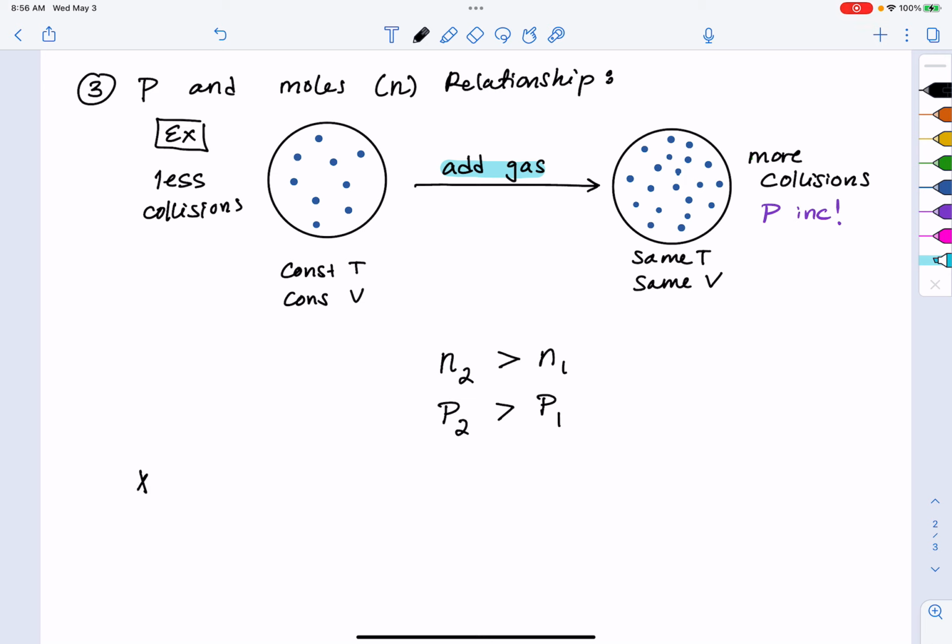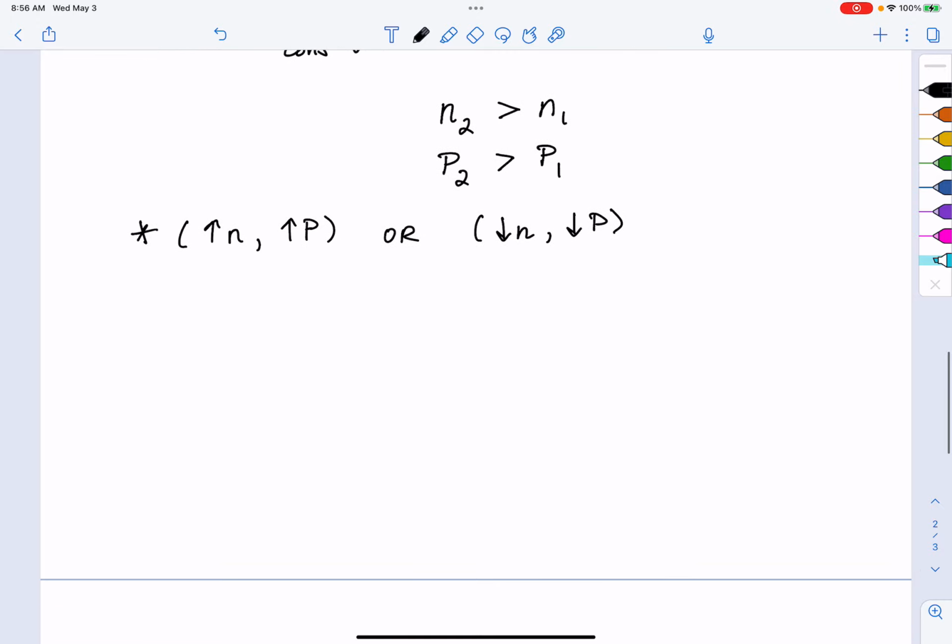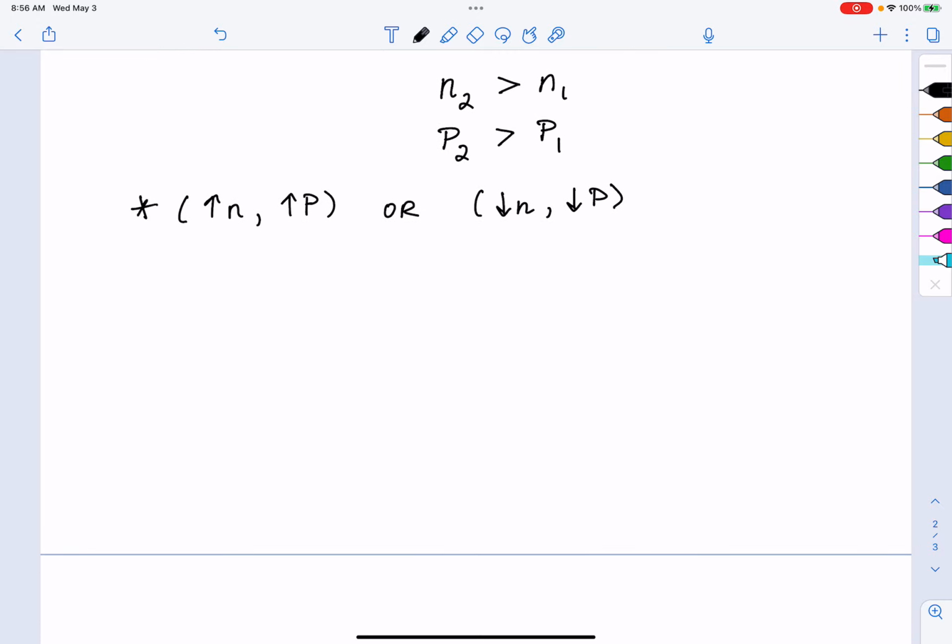So writing this out mathematically, we could say that an increase in the quantity of gas results in an increase in the pressure due to there being a higher likelihood of collisions. Or we could say the opposite is true. A decrease in the quantity of gas is going to result in a decrease in the pressure of a gas because the fewer particles, the less likely it is for collisions to happen.